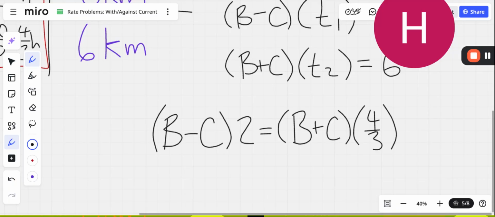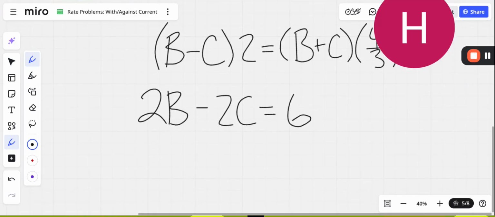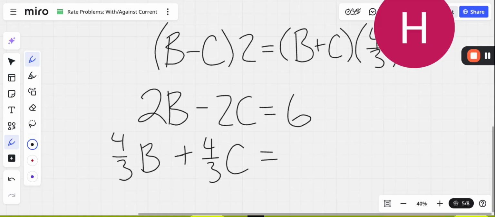This gives us a system of equations, right? So we have 2b minus 2c equals 6, and we have 4/3 b plus 4/3 c also equals 6.